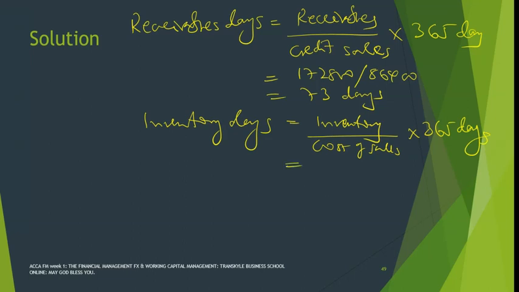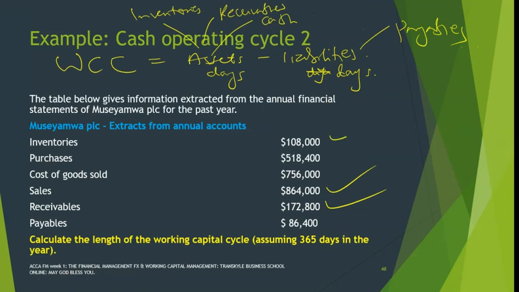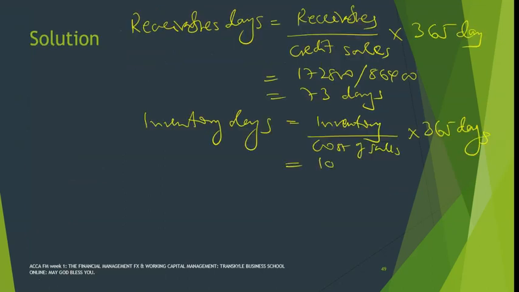The inventory value was 108 over the cost of sales 756. 108 over 756. Now remember, don't forget to multiply by 365 days, and we must get 52 days.